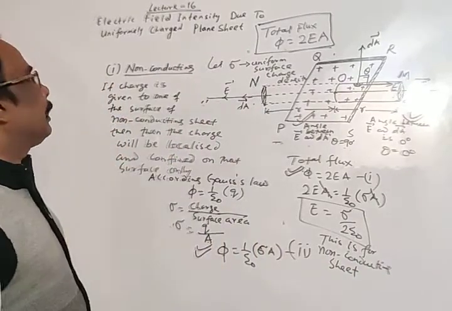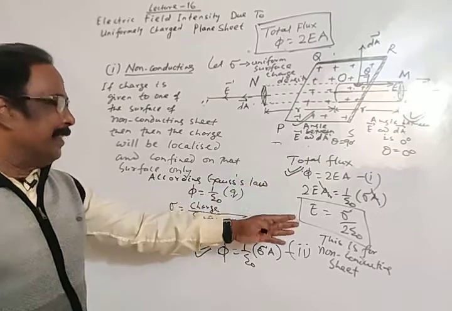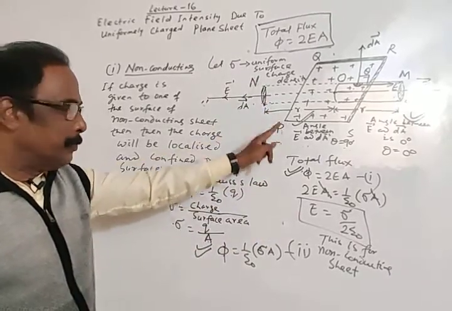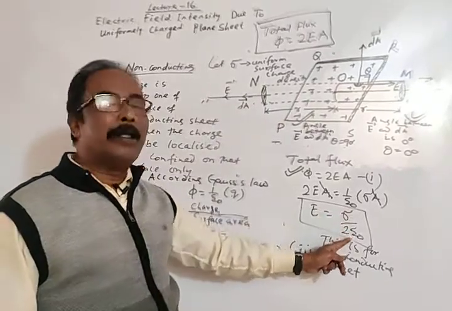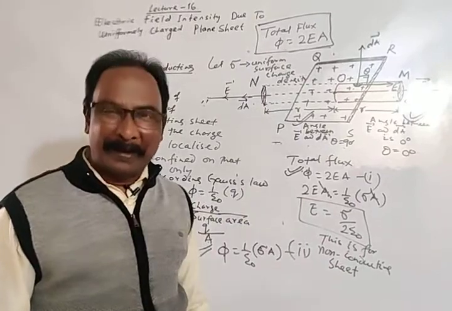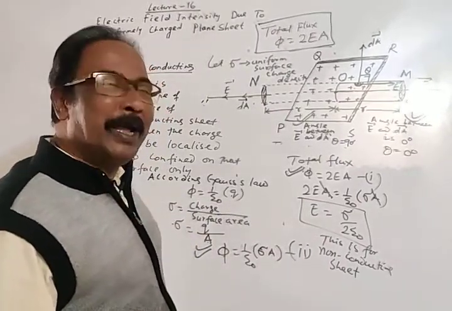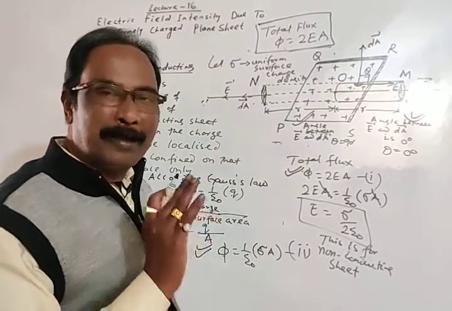For a non-conducting flat sheet which is uniformly charged, charge density is sigma, then electric field is sigma divided by 2 epsilon naught. Of course, as we have discussed in previous lectures, electric field depends upon distance.